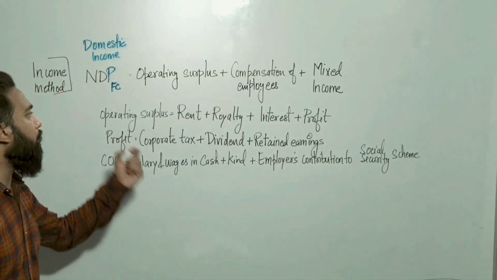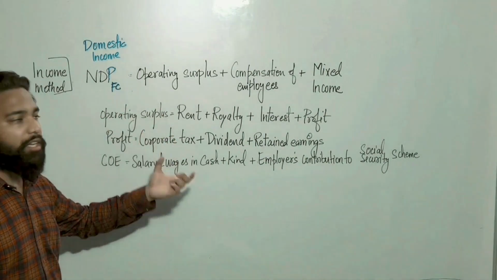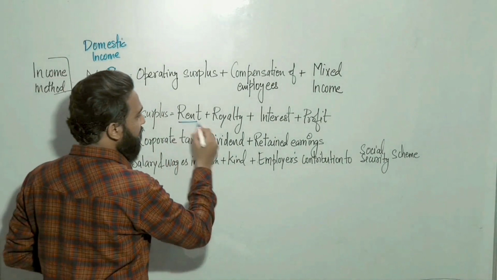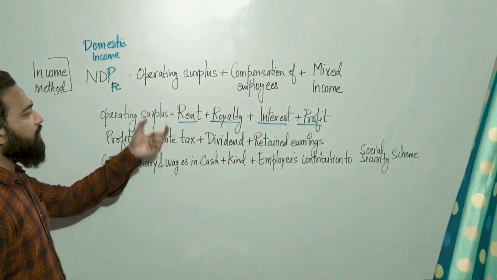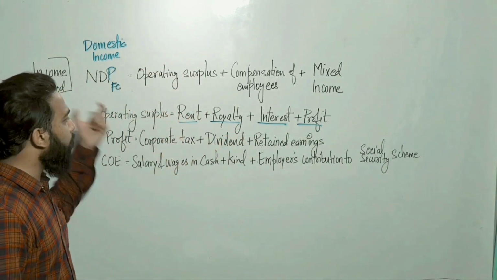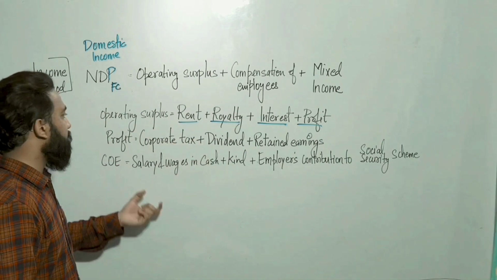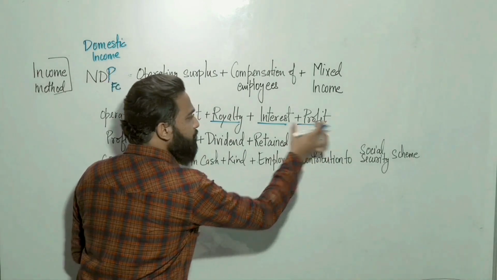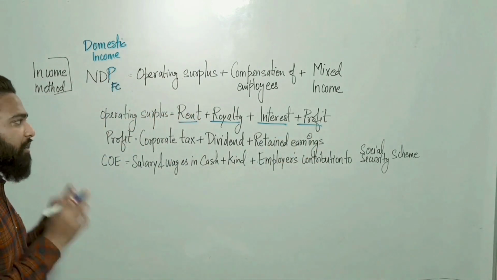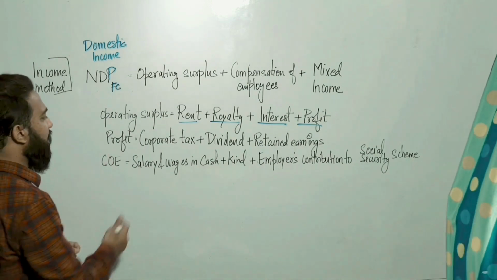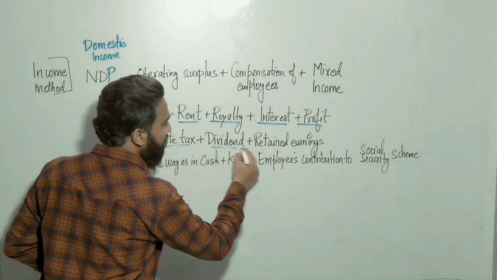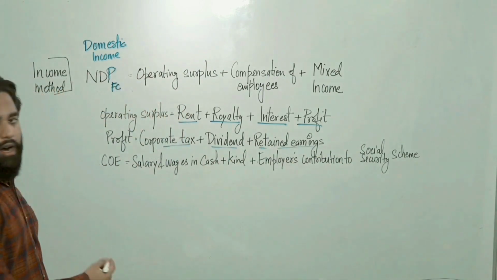Is that clear? Now, to calculate operating surplus, we know that it is rent, royalty, interest, and profit. If we add these things, we have the operating surplus. And if profit is not given completely, then we have to calculate it by adding its components, which are corporate tax, dividend, and retained earnings.